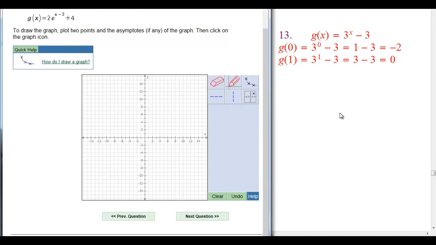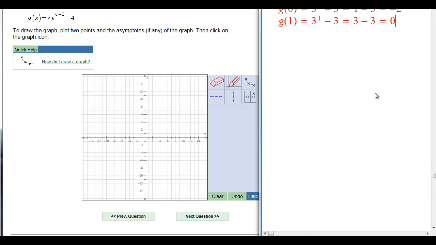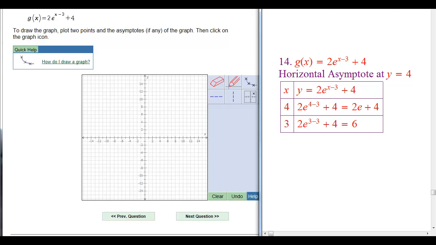So again, to do this next question, we are going to look at this plus 4 will be our asymptote, and then plot points. So horizontal asymptote is y equals 4, and then just plug in points like 4 and 3, doesn't matter which points. Remember, e is not a variable but a number. What's the value of e? 2.71.